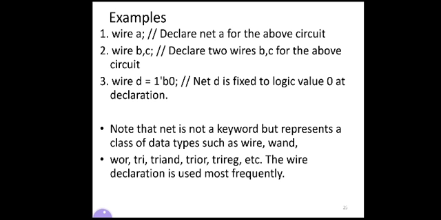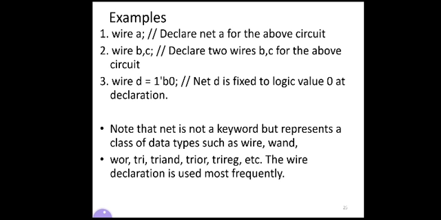Third example: wire D equal to 1 bit binary 0. Here the name of the net is D, fixed to logic value 0. In the above two cases the value is not assigned, but here the value of the wire D is equal to 1 bit value 0, done at declaration time only.